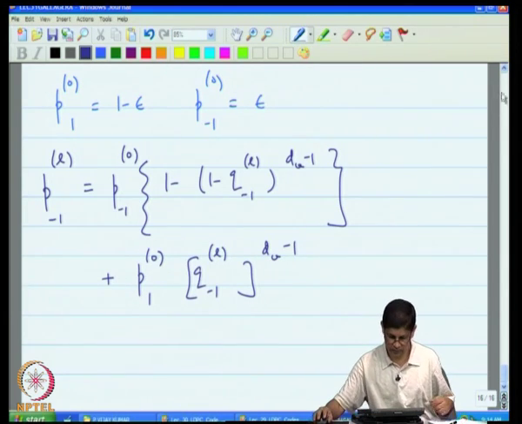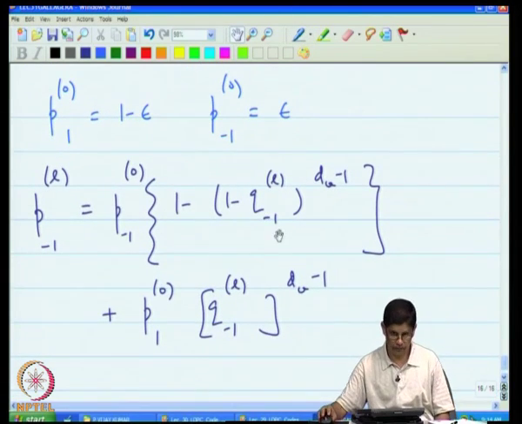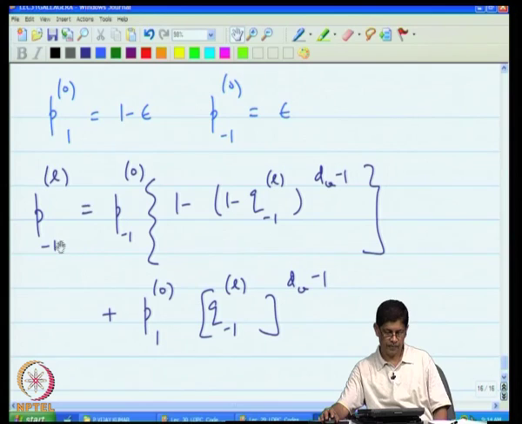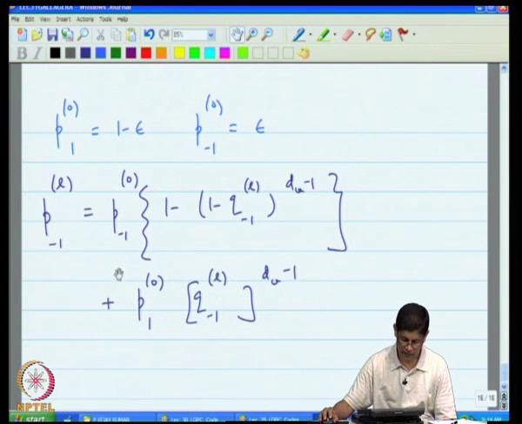So, what does this expression tell us? It is actually quite straightforward. It is just saying that, look, if you are looking for the probability that a variable node is going to pass a minus 1 on the Lth iteration, well, that can happen only if the channel input is a 1 and not all the inputs that it receives from the check node are all 1, right.